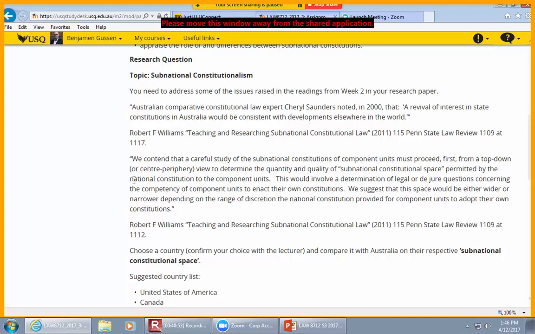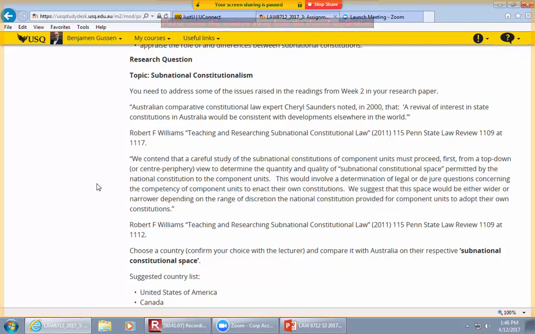What did Robert say? So he said, we contend that a careful study of the subnational constitutions of component units, so like states, must proceed first from a top-down or center-periphery, so non-subsidiarity view to determine the quantity and quality of subnational constitutional space permitted by national constitutions to the component units.